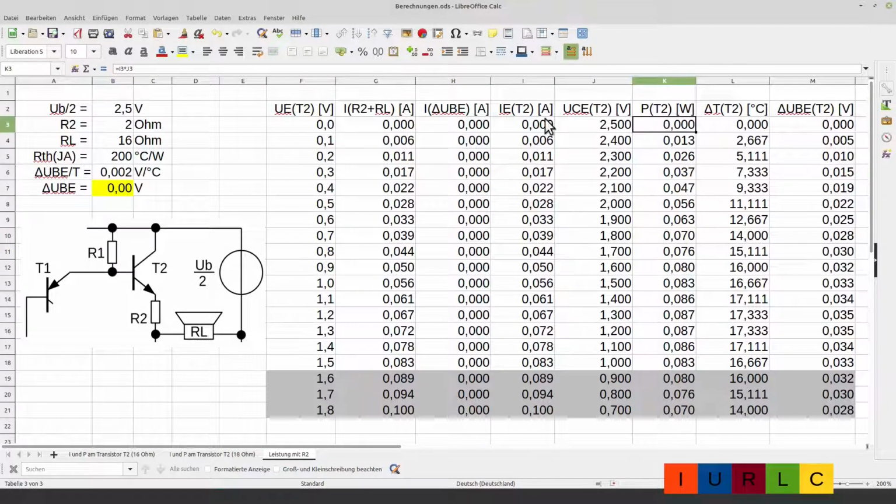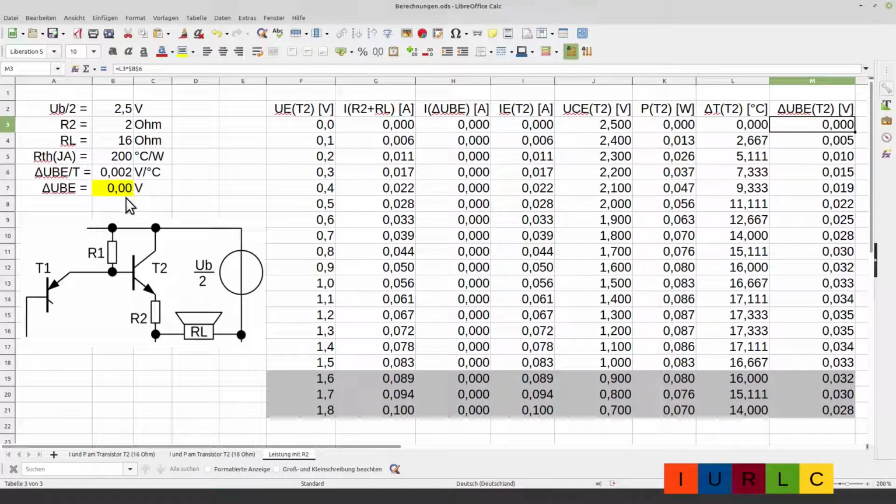The power is the current through the emitter multiplied with the collector-emitter voltage. The resulting temperature change is the power of the transistor multiplied with the thermal resistance of the housing, and the resulting change of the base-emitter voltage is the change of the temperature multiplied with the 2 millivolt per degree Celsius.